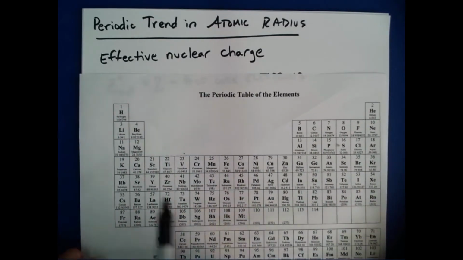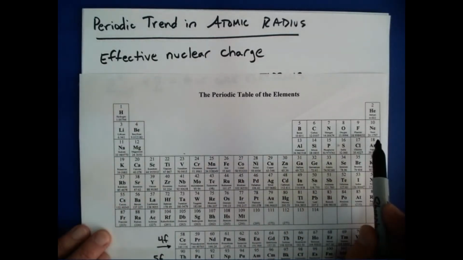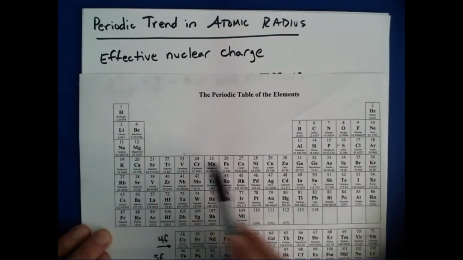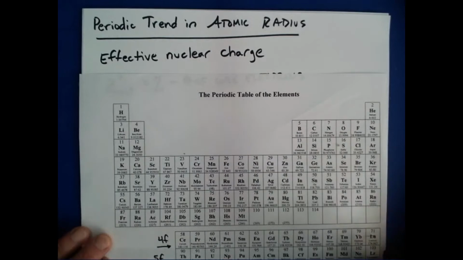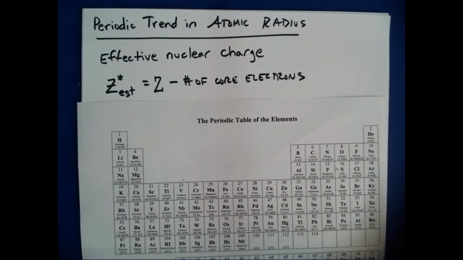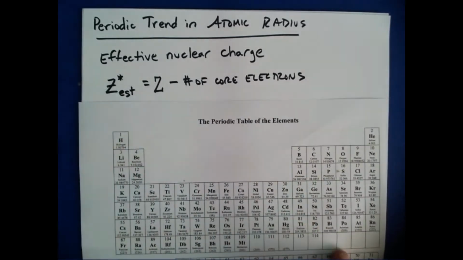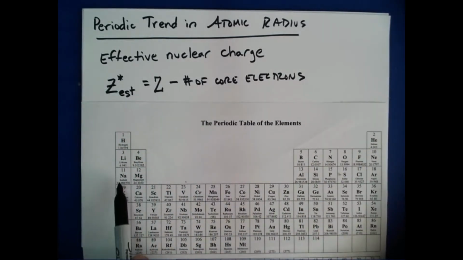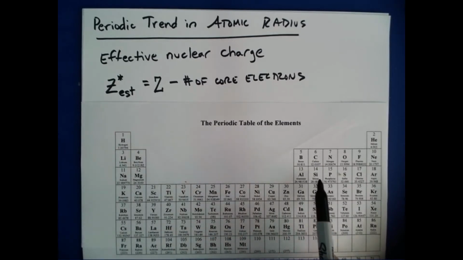Now, as you move across a period, say from sodium to argon, you should do these calculations, and you'll find that the effective nuclear charge, according to this estimate, for sodium is 1, for magnesium is 2, for aluminum is 3, for silicon is 4, for phosphorus is 5, for sulfur it's 6, for chlorine it's 7, and for argon it's 8.